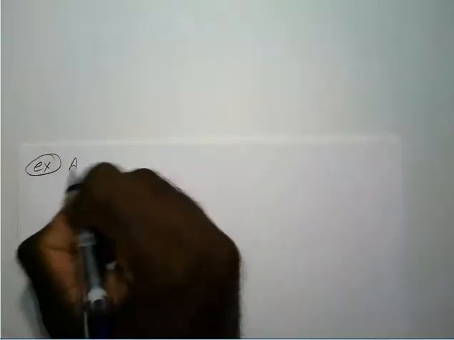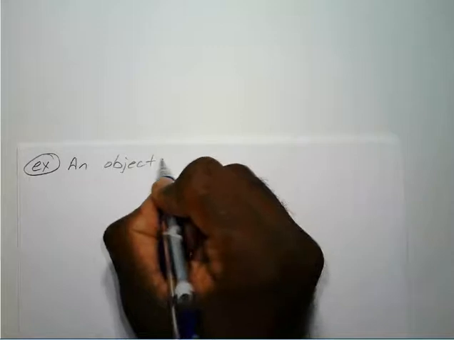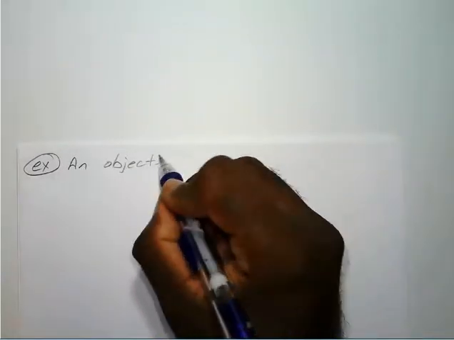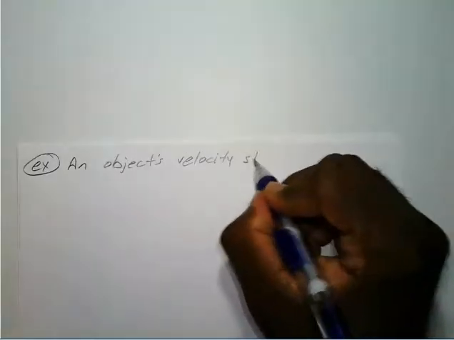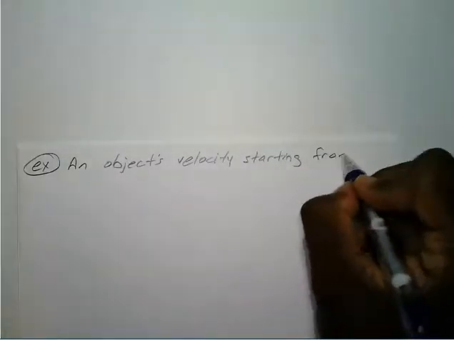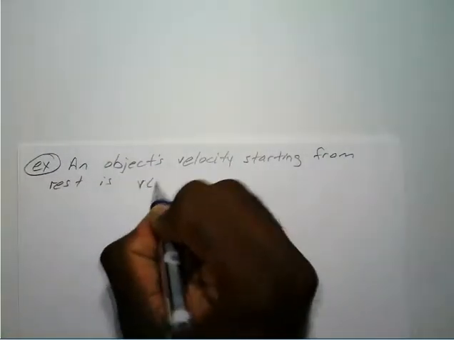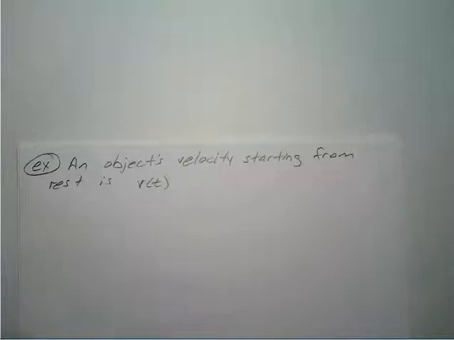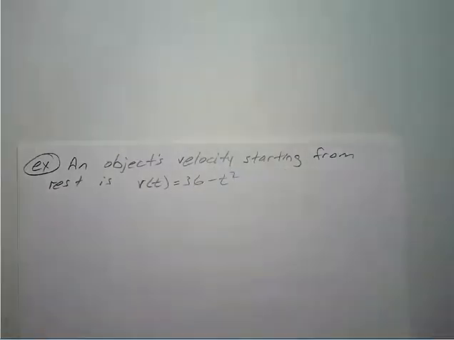All right, so for this example, what if we have an object whose velocity, starting from rest, is v of t is equal to 36 minus t squared.